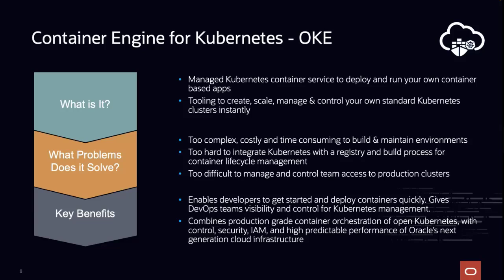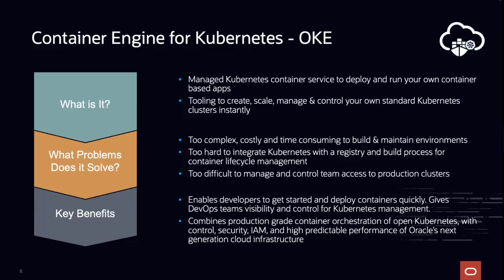So what problems does it solve, right? Sometimes it gets too tedious and too complex, and you spend so much expensive money on building and maintaining the environments. It also gets too hard to integrate Kubernetes with a registry. If you have to build an image and deploy it from the registry, it gets slightly more complex.